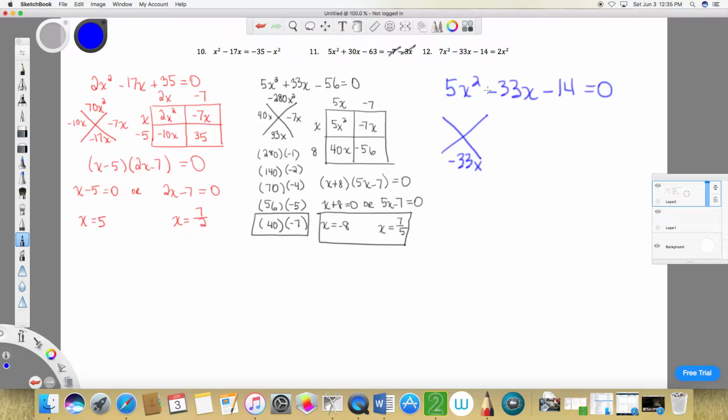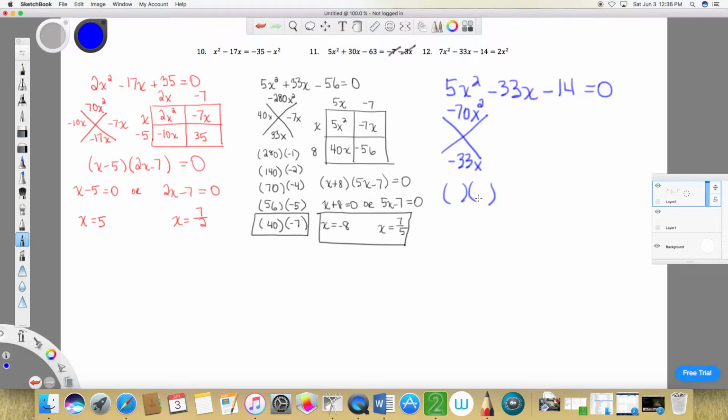The first term times the last term, negative 70x squared. So we're looking for two numbers that when multiplied together give me this negative 70, but yet when added give me this negative 33.